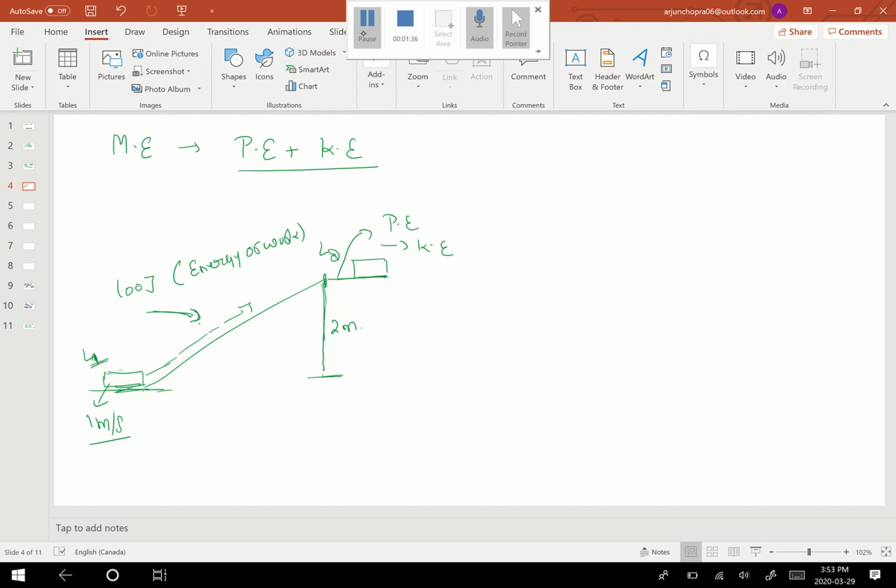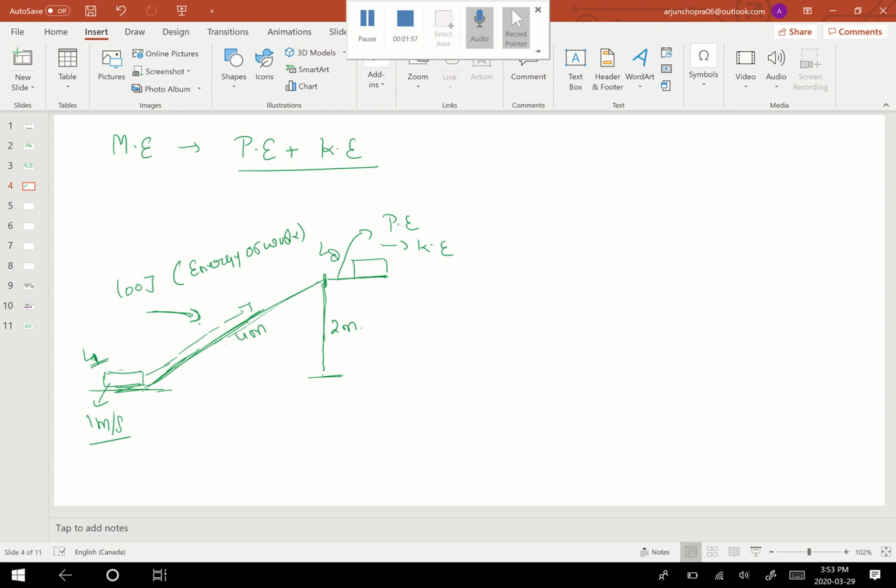Even if the angle is not given, I can see this distance. Let's call it 4 meters. That'll be better.